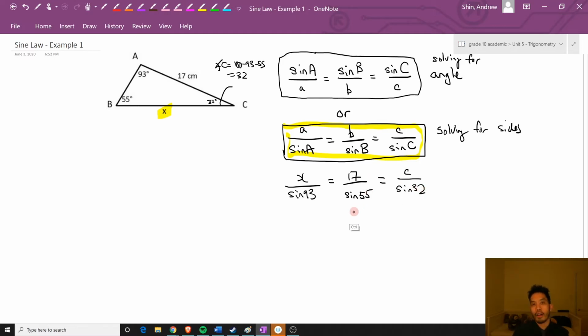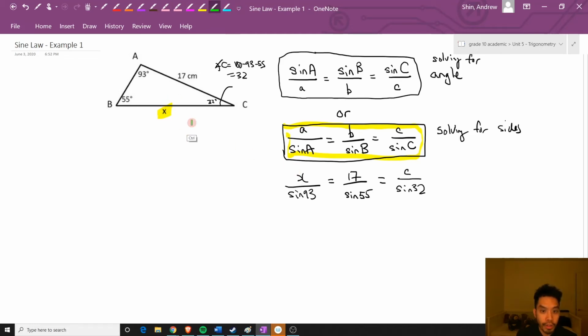Now, I don't think you've quite had the experience with an equation that has three expressions with two equal signs. What you have to do at this point is choose two of the expressions in order to make one equation. So what am I going to choose?